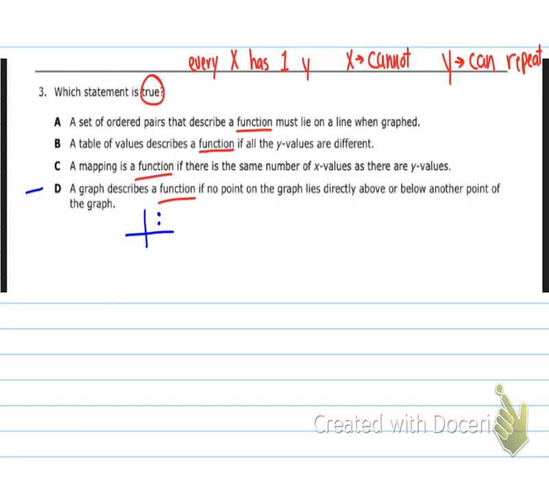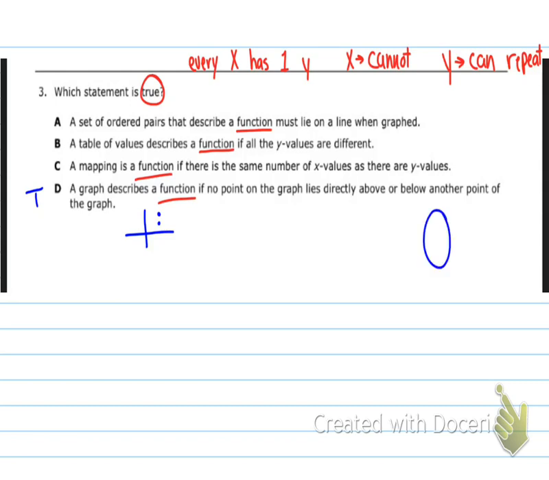I'm going to show you with D first. It says a graph describes a function if no point on the graph lies directly above or below another point. Notice that is going to be true, because on a graph you have to do something called the vertical line test.